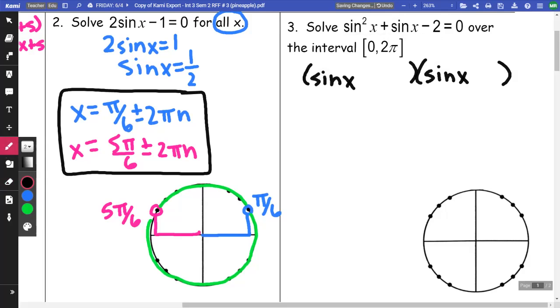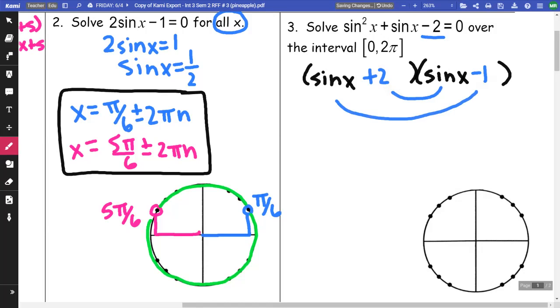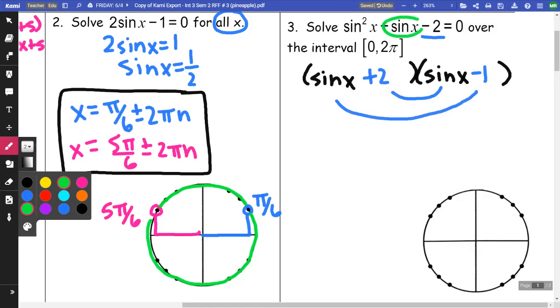And then to get this minus 2 part of it, it's going to be a positive and a negative, 2 and 1. And I'm thinking a plus 2 and a minus 1, because this would give me a positive 2 sine x, and this would give me a negative sine x, which gives me the sine x I need right here in the middle. Okay.